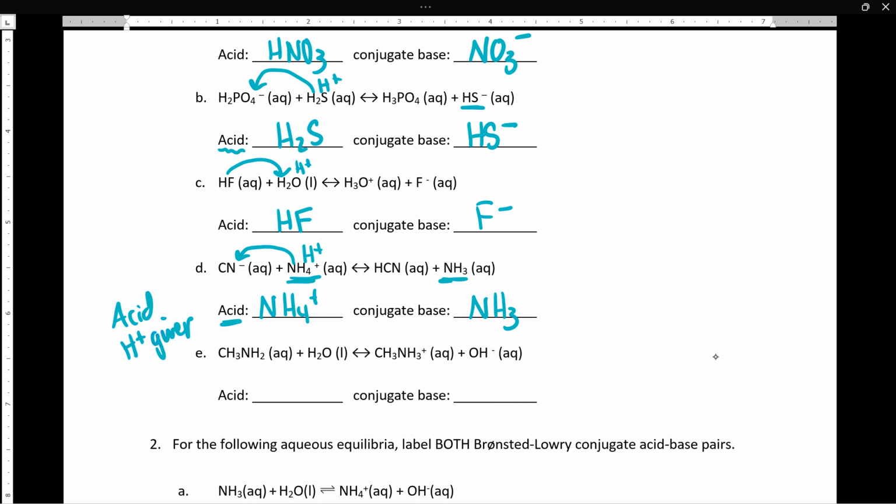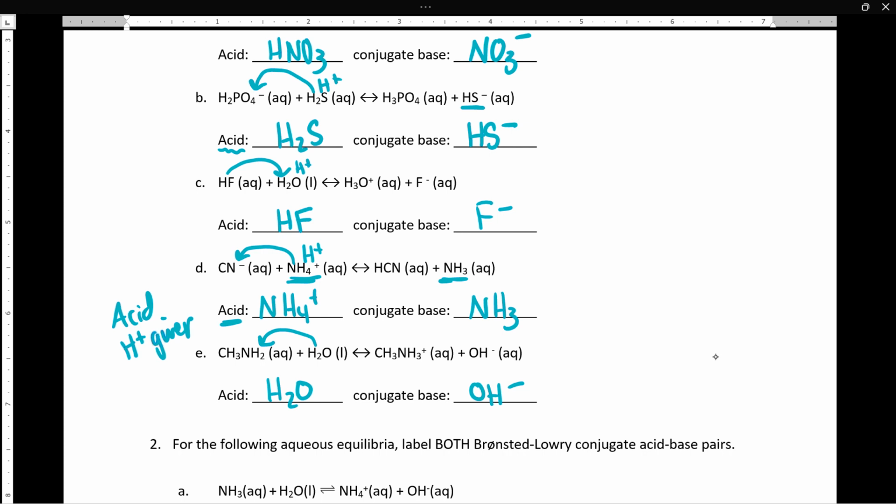That's what I mean by saying it has given up one of its hydrogens. What's left behind is known as the conjugate base. And then last one, it looks like in this case, our hydrogen giver is water. Water is behaving as an acid in this case, and the conjugate base of water is OH minus.